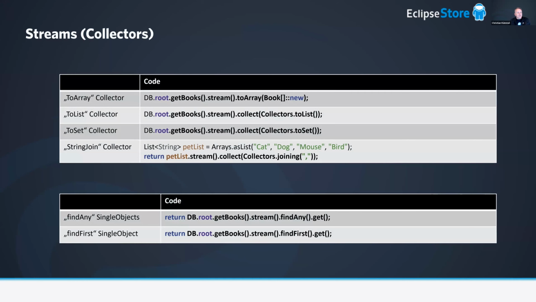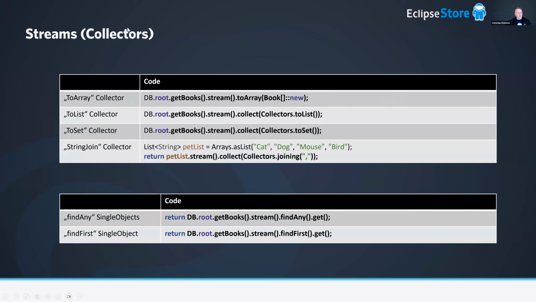Okay, the different collectors. What collectors means is what you get back from a stream itself. In that case, we're talking for the first time about filtering something. When we say, give me some specific books of a collection, you will be able to say, give me that as a list, for example.